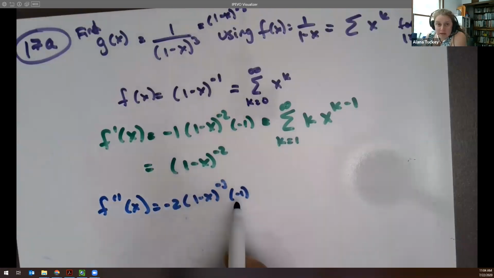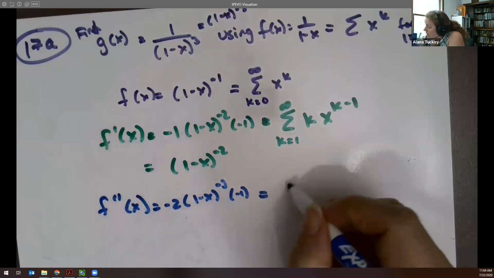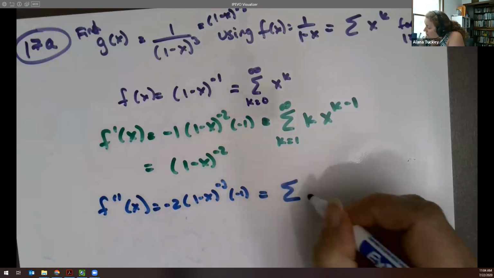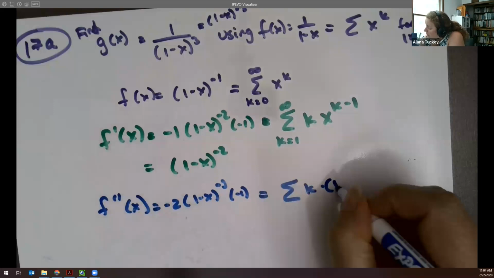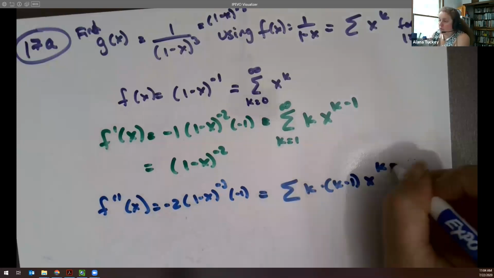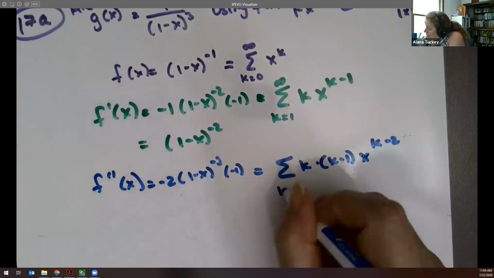And then we're multiplying by negative 1 because, of course, of chain rule. We're taking the derivative, so we need to multiply by the derivative of the interior, and the derivative of the interior is negative 1. All right, and that's equal to, now I have a k sitting there, but then I bring the power down, k minus 1, x to the k minus 2. I subtract 1 more from that power. But now I'm no longer starting at 1, I'm now starting at 2.